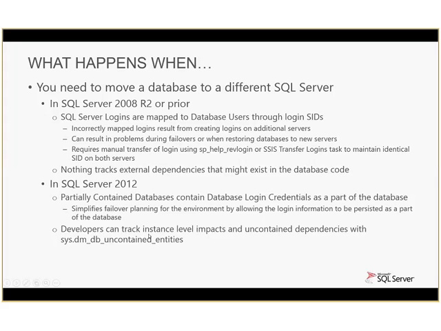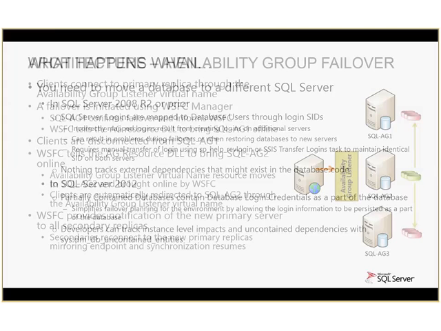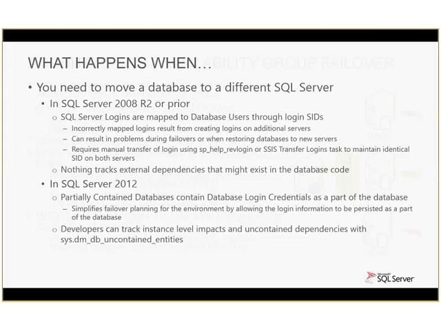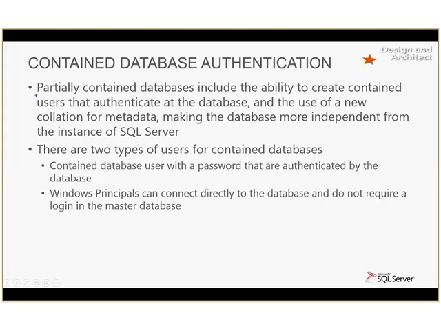Now you can query the uncontained entities dynamic management view and find out what objects have uncontained dependencies. So while these are sometimes referred to as contained databases, they're really partially contained. They're contained in the sense of the logins.